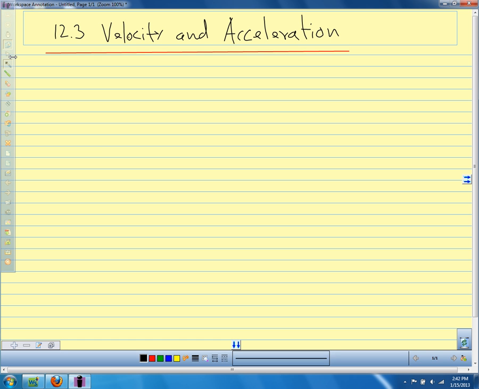So we're letting our vector valued function represent position, and we're thinking of our parameter as time.